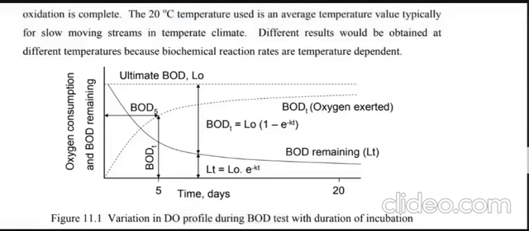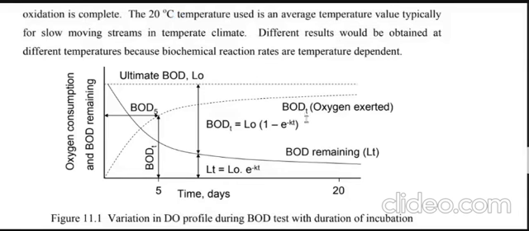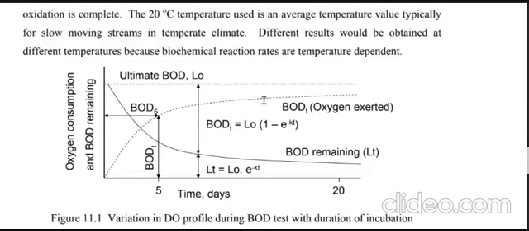Now this dashed curve shows BOD suffix t, which is called oxygen exerted. What is the value of BOD? BOD value means how much DO is consumed, and on that basis we can say this much amount of organic matter has decomposed.